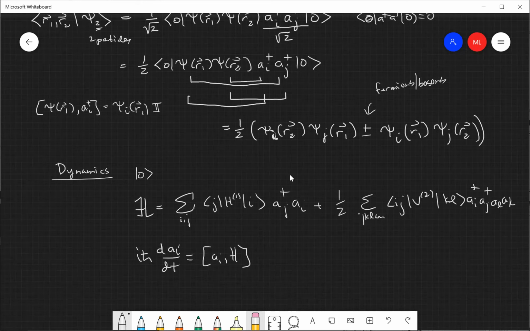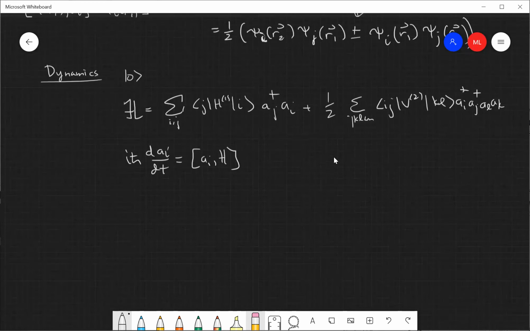And of course, you can put it in position space, and you can get an equation of motion not for these annihilation operators, but instead for the field operators. And you introduce a partial derivative here because you know that the field operators will depend on a spatial coordinate, right? So you want to make sure you're indicating this is just a partial derivative with respect to time, holding the position coordinate fixed.